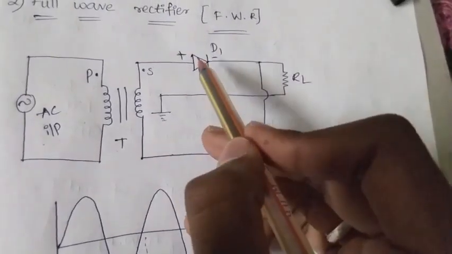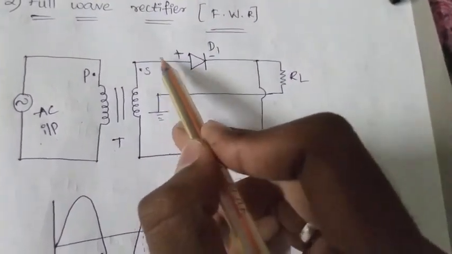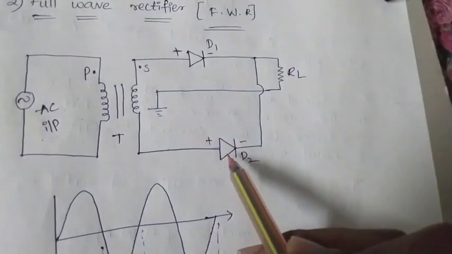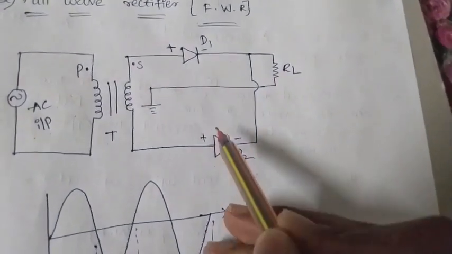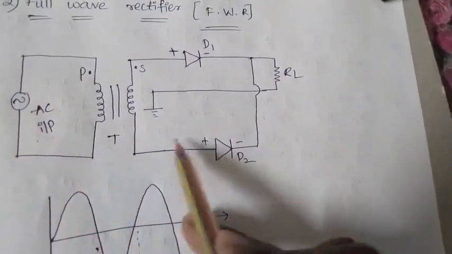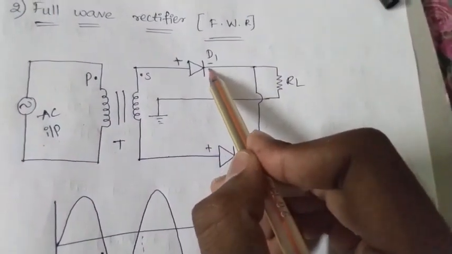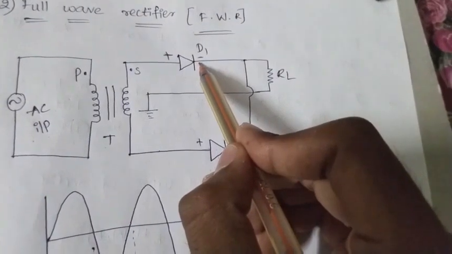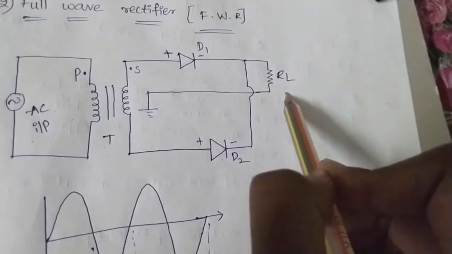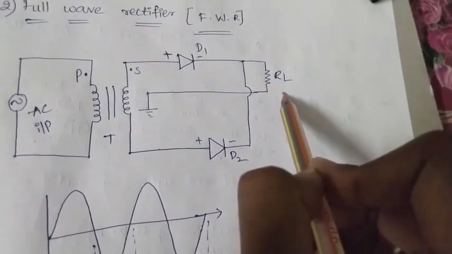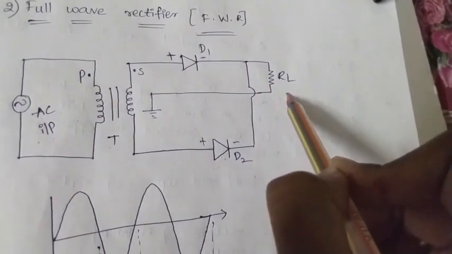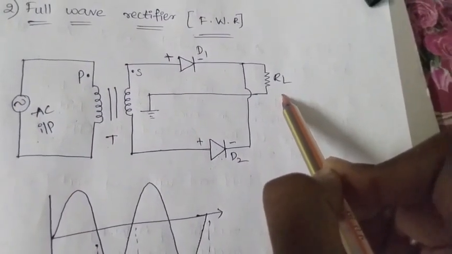So current passes through D1 and no current flows through D2. The current flows through D1 and the load resistance RL, and the positive half cycle is generated.